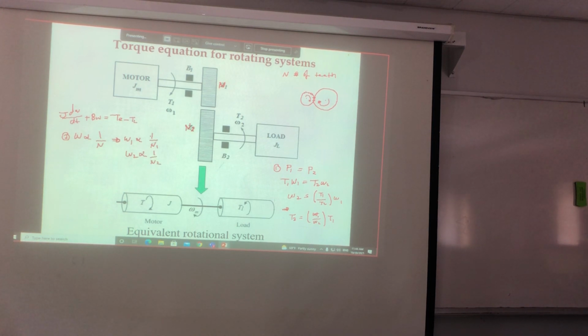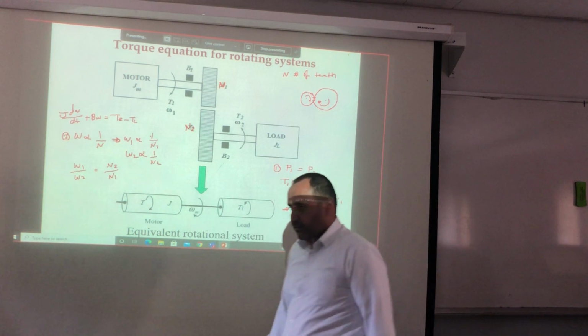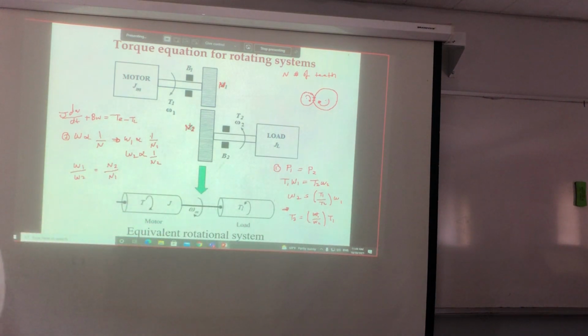So simply I can find the ratio between omega 1 and omega 2 to be equal to n2 over n1, and this in general we call the gear turn ratio, similar to the transformer turns ratio. Good? Okay.